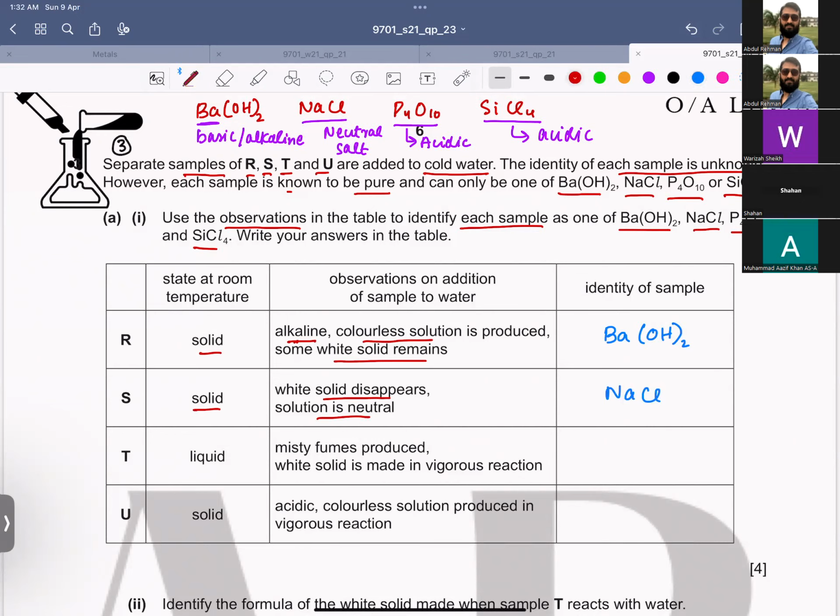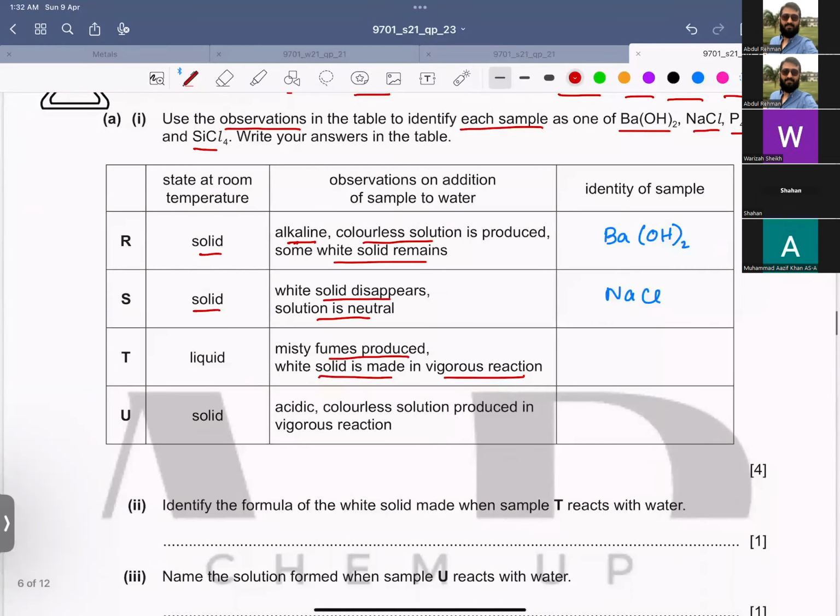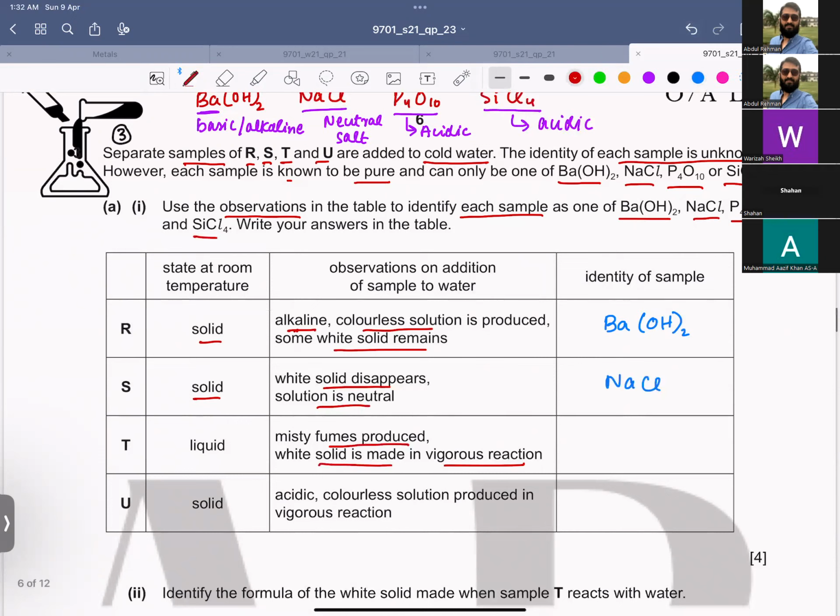Then misty fumes are produced, white solid is made in vigorous reaction. So let me tell you, it's silicon chloride, because when silicon chloride reacts with water, we get two things.